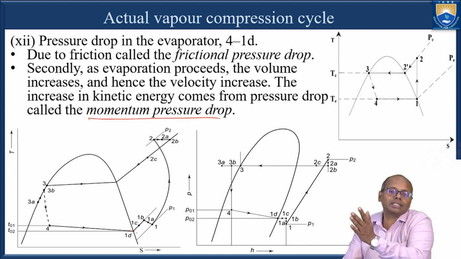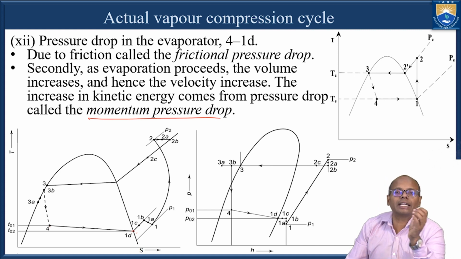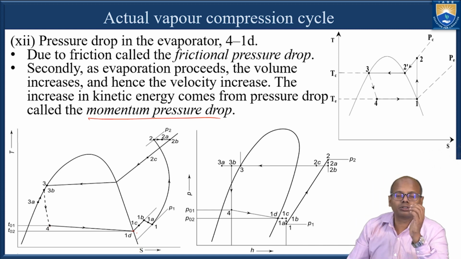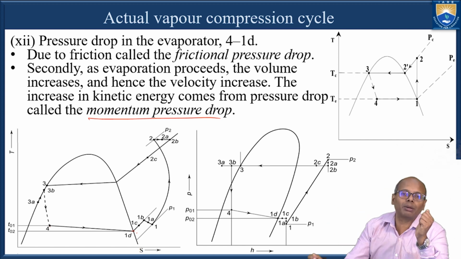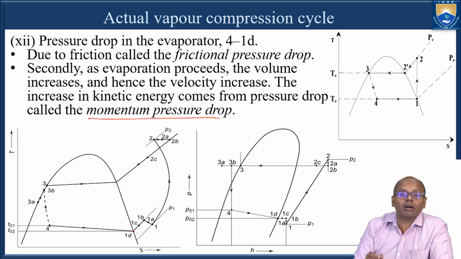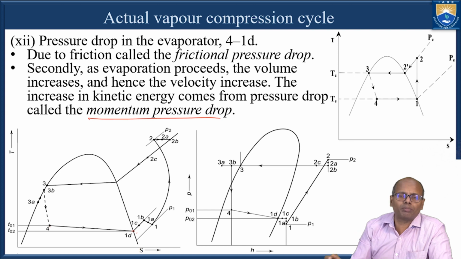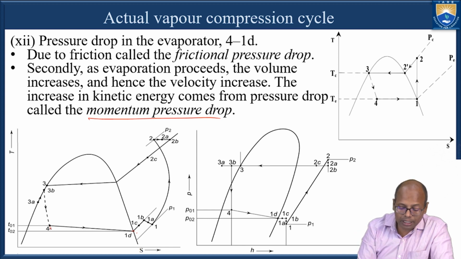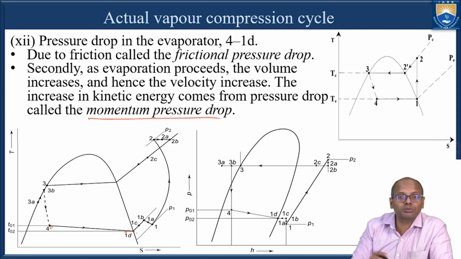The phase change happens, the liquid is getting converted into vapor, so the volume of the vapor is more than the volume of the liquid. Here there is less volume, here it is more volume.